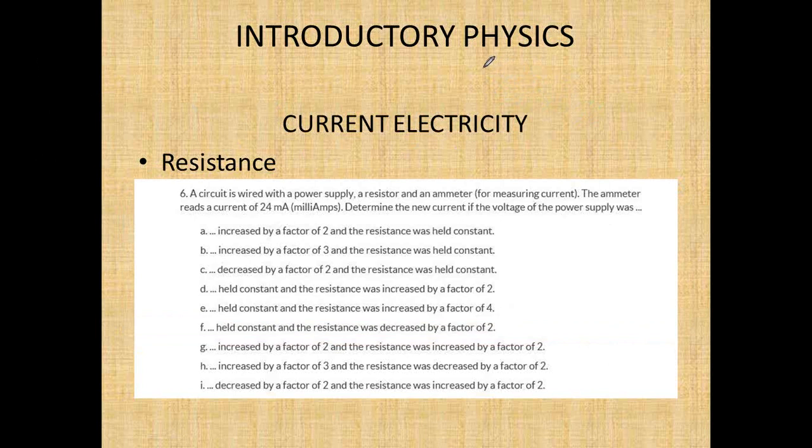We showed how this equation was derived. Power is equal to voltage times the current. So if the power is constant, then if voltage increases, the current has to decrease.